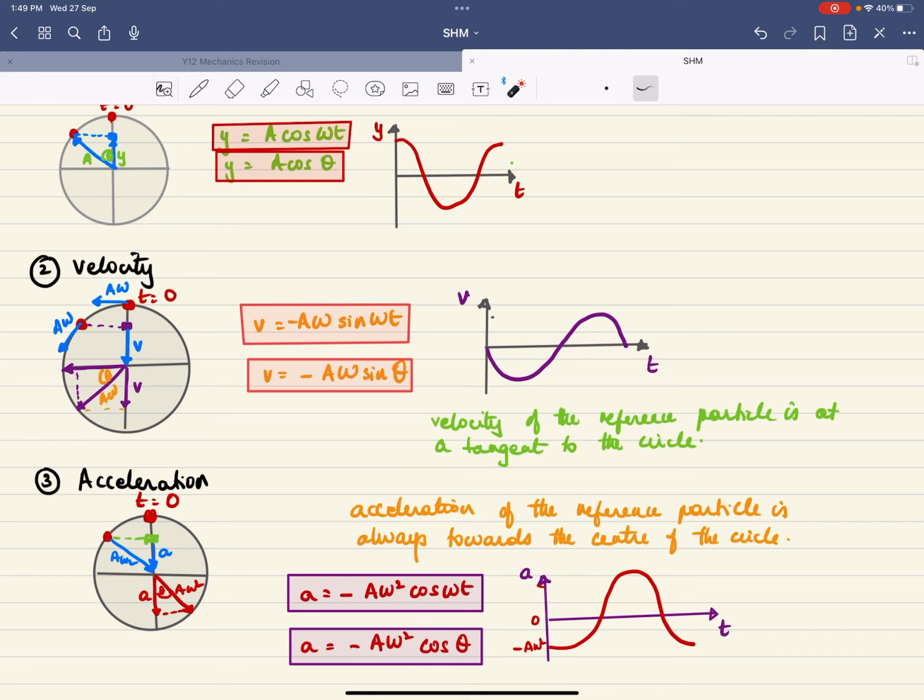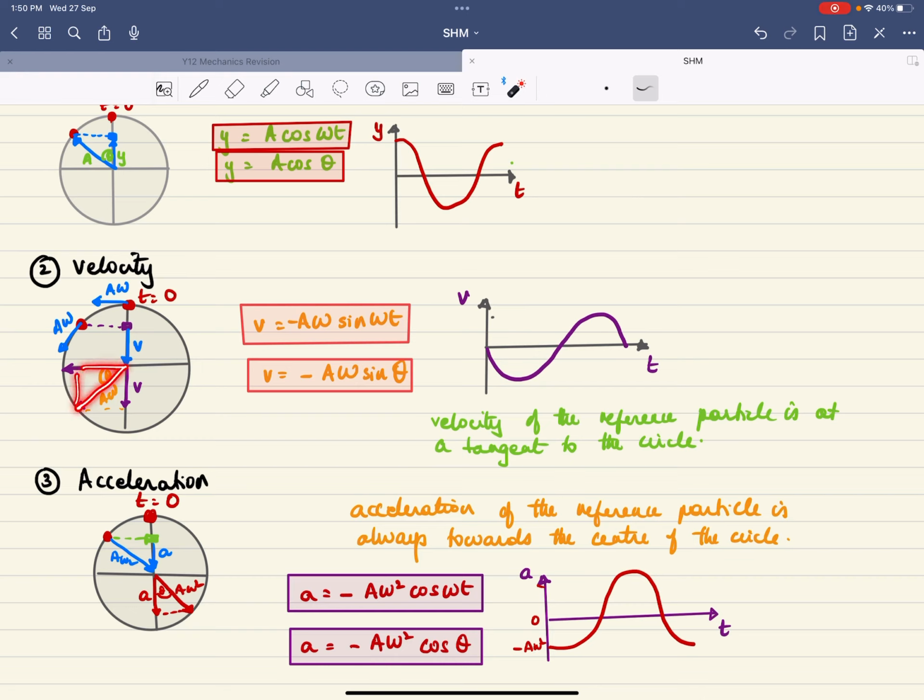Now, when we convert it to a phasor, phasors always have the tail fixed at the center. So this is the phasor for when timing starts, and this is the phasor after a time t. And the velocity of your SHM particle is always the vertical component of that. So we are looking at that vertical component.